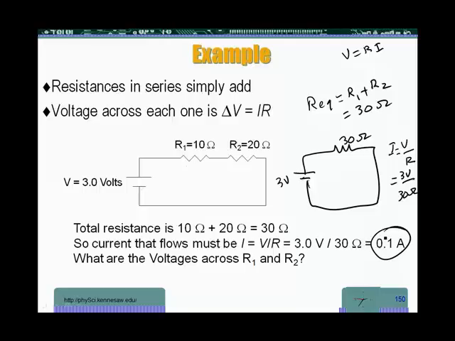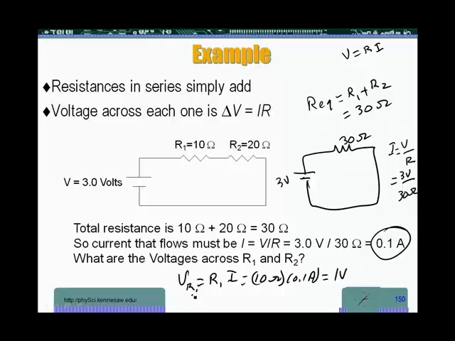What's the voltage across R1 and R2? V across R1 is going to be equal to R1 times I, which is going to be 10 ohm times 0.1 amp, which is equal to 1 volt.